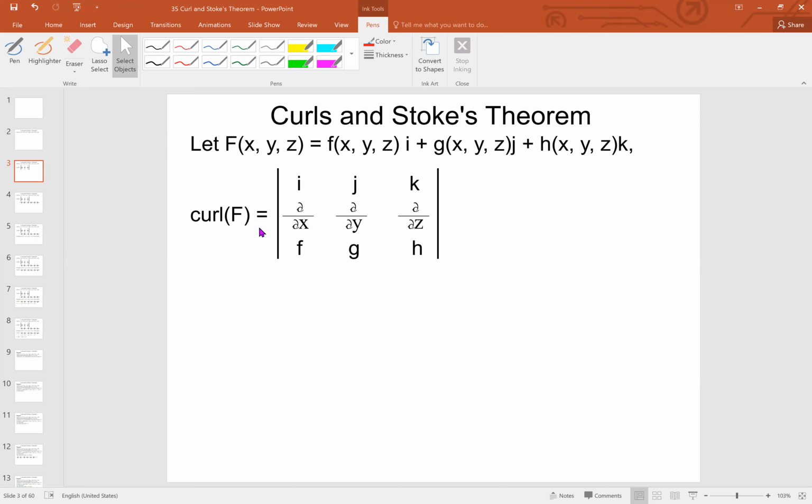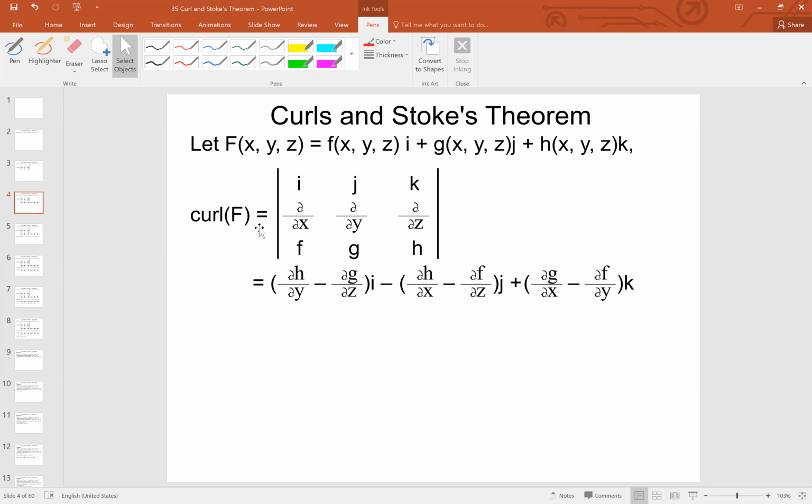This is called the curl of F. In physics, they will show you that this has something to do with small rotational motions. I'll leave that up to the physicists to explain to you.